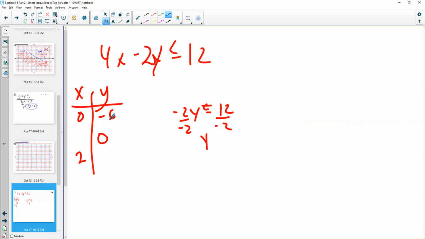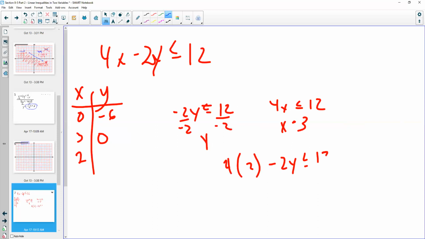When y is 0, the 2y drops away, so I get 4x equals 12, divided by 4, x is 3. And when x is 2, that's 4 times 2 minus 2y equals 12, so 8 minus 2y equals 12, negative 2y equals 4, y equals negative 2.